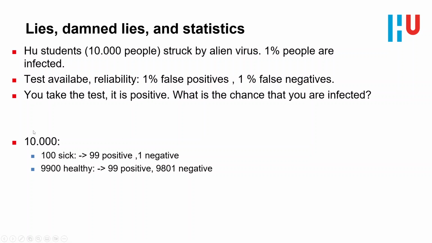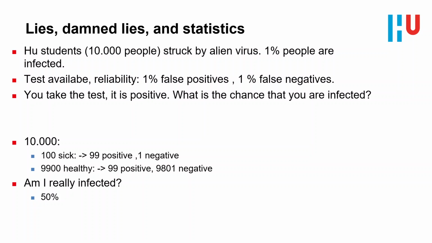So when we look at this, of those 10,000 students, there were tested 99 positives, which were really sick, and 99 positives, which were really healthy. So that means if you are tested, what is the chance then that you are really infected? It's only 50%.